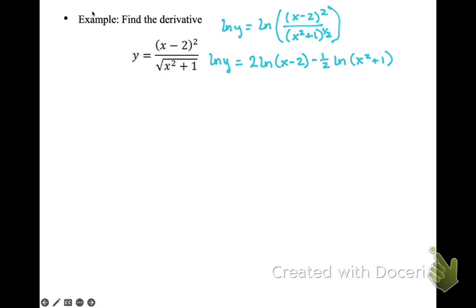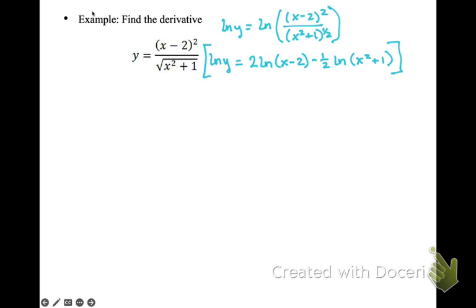No, you haven't. Now that I have put the natural log on the left, I have to differentiate the right and the left. So u is y, and the derivative would be y prime.